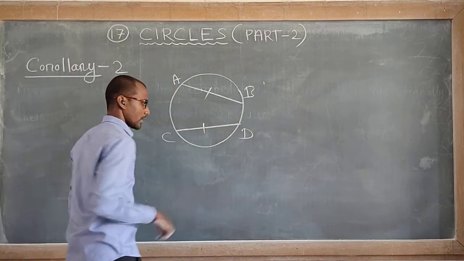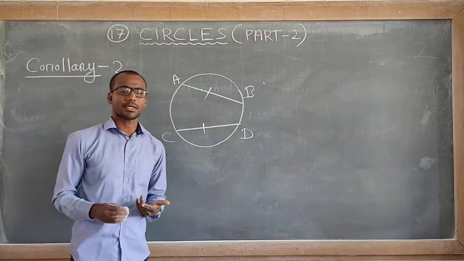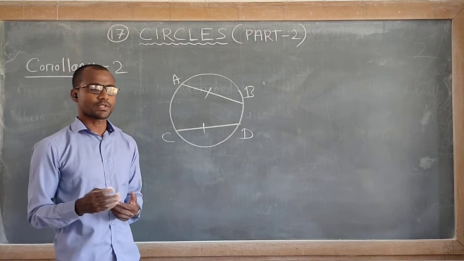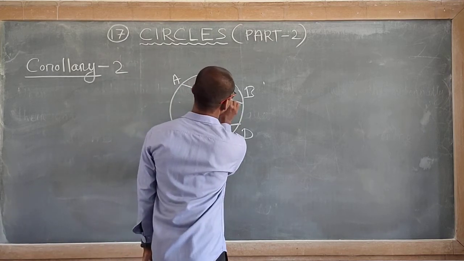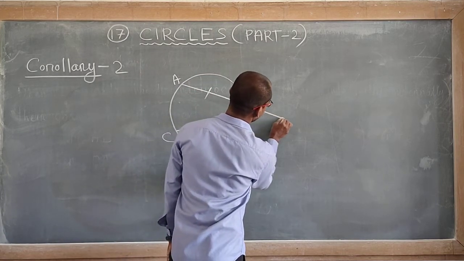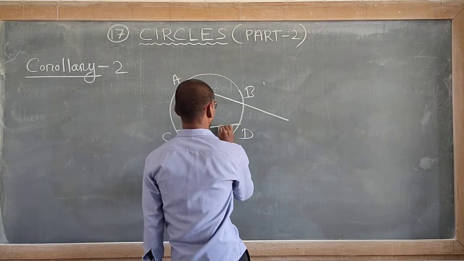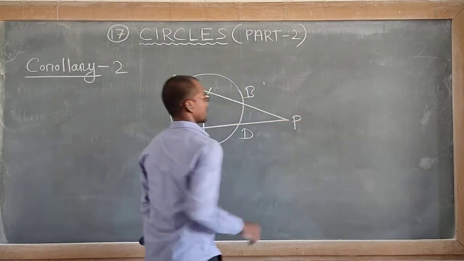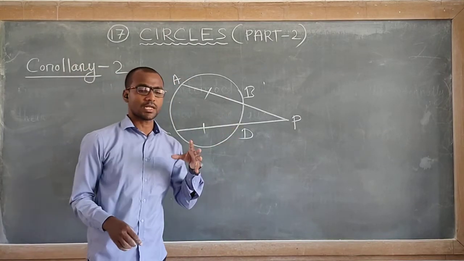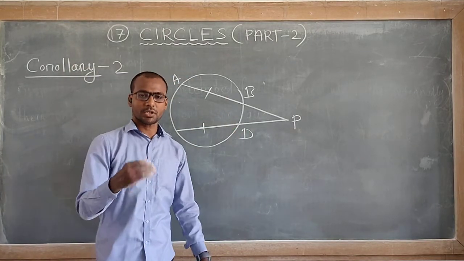The two chords are equal. You can see they are not intersecting each other internally, but if we produce them, they will intersect each other. This is the point of intersection P, which lies outside the circle. It is an exterior point.